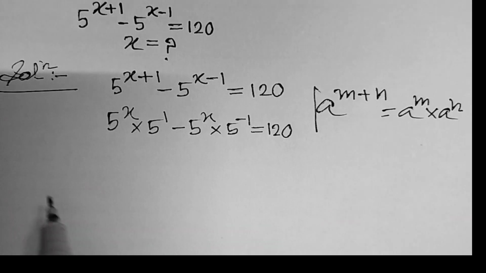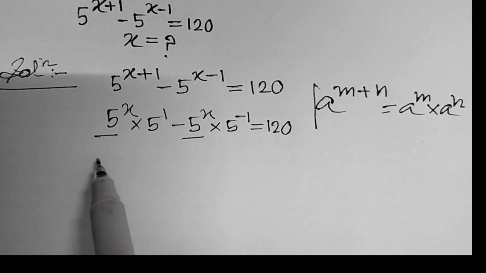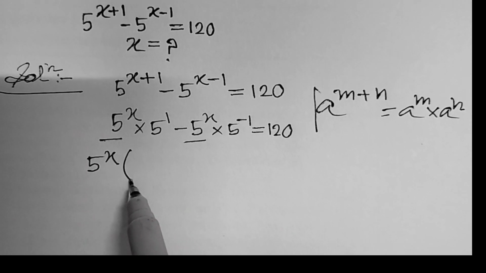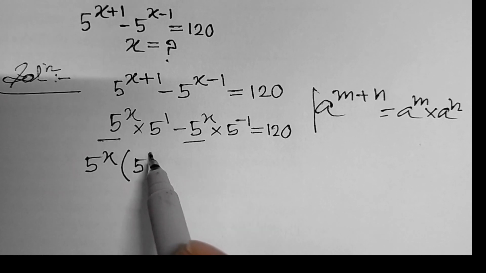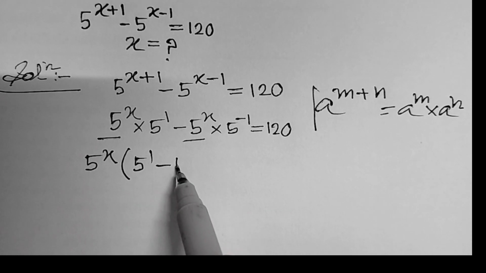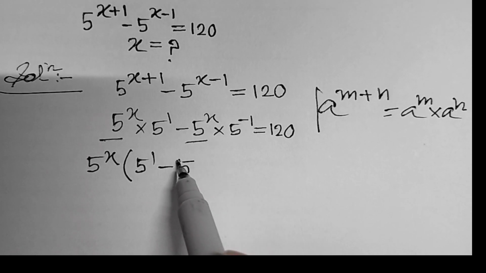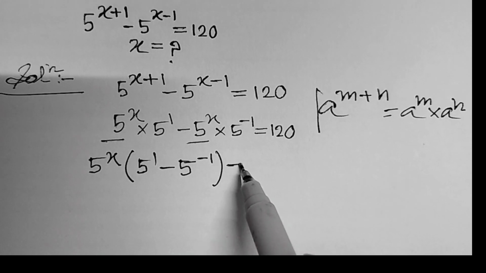Here we can take 5^x common. We are left in the first bracket with 5^1 minus 5^(-1) equal to 120.